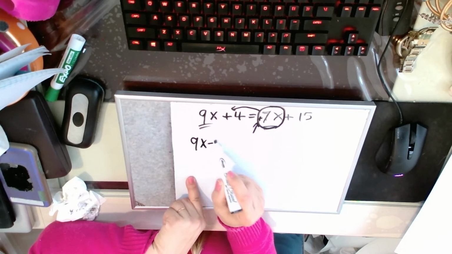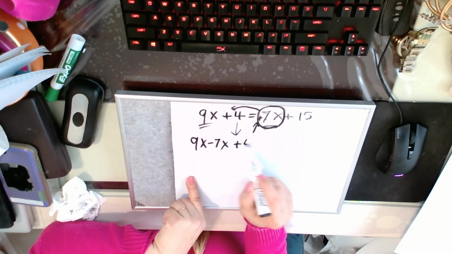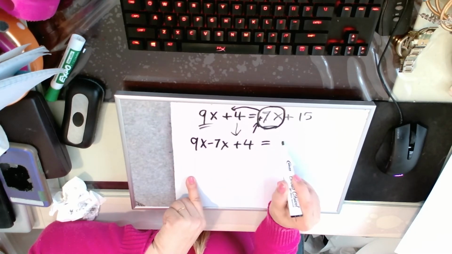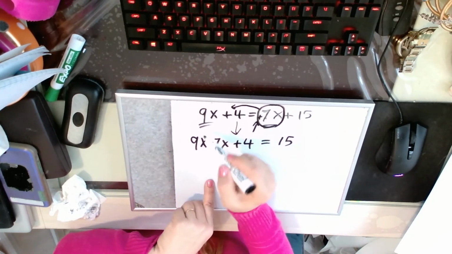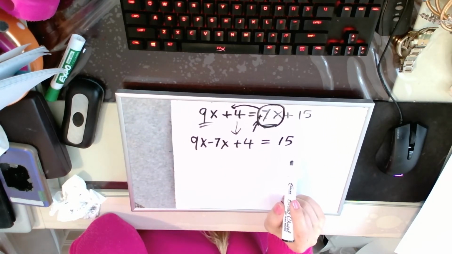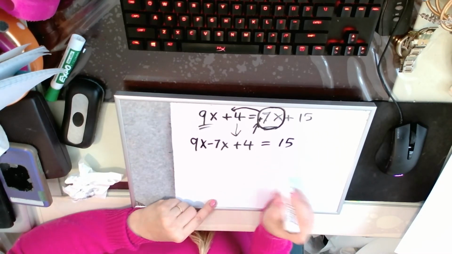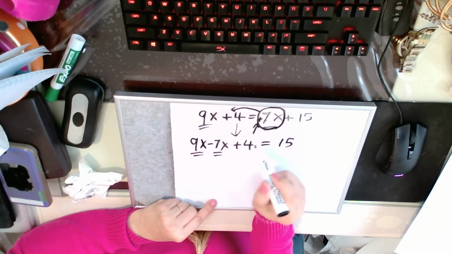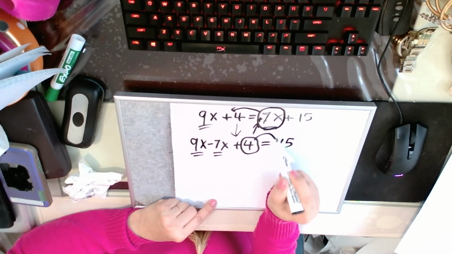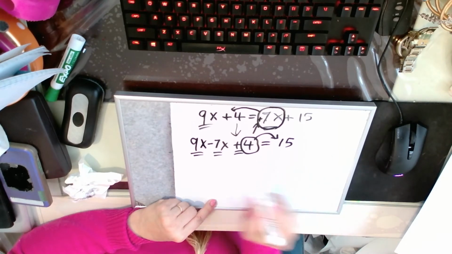9x minus 7x, and then 4 goes down here, equals 15, because this one goes to the other side, right? Now we're going to move the numbers to the other side, because here we have x, but this 4 we're going to move to the other side by changing its sign, so it's going to be minus 4.